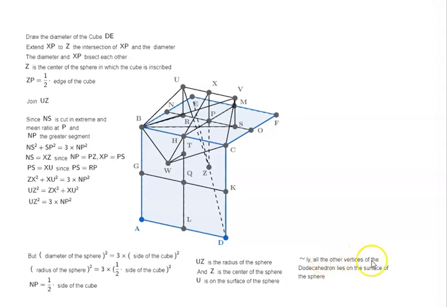Similarly, all the other vertices of the dodecahedron lie on the surface of the sphere. That means we can draw the sphere now, because we know the radius of the sphere, we know the center of the sphere, and we know U is on the surface of the sphere.